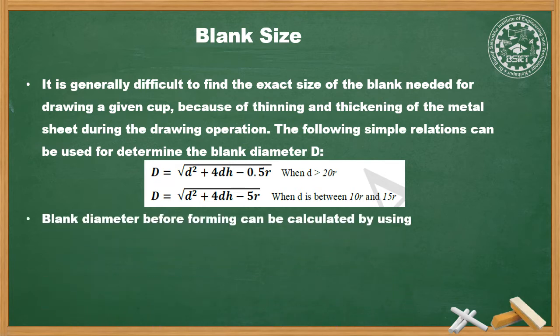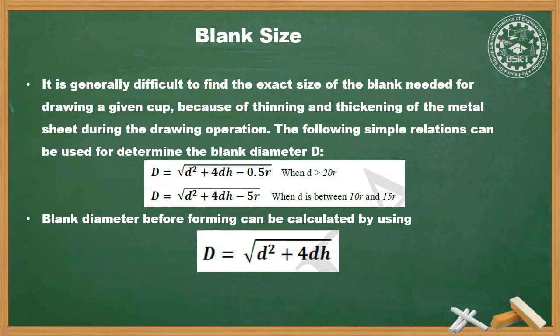Blank diameter before forming can be calculated using the formula D = √(d² + 4dh). So these are the formulas used to calculate the blank size and the blank diameter of a cup that has to be drawn.